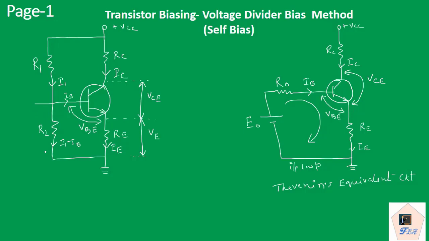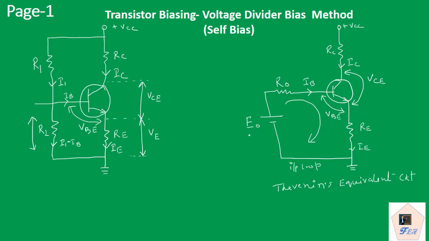The voltage source will be the voltage drop across R2, which we consider as a voltage source.